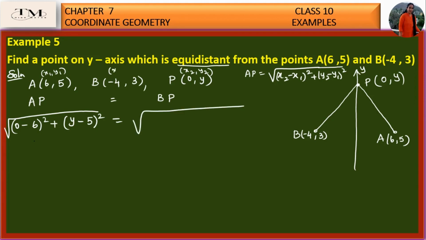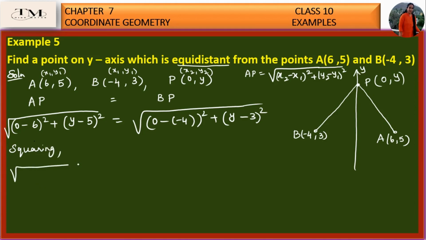Then this will be x1, y1 and this will be x2, y2. So BP is x2 minus x1, 0 minus minus 4 whole square plus y2, y minus y1 is 3 whole square.